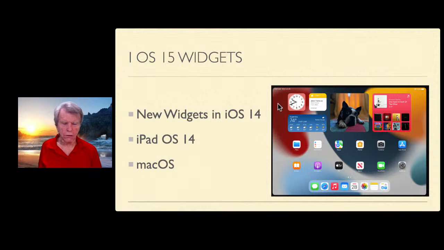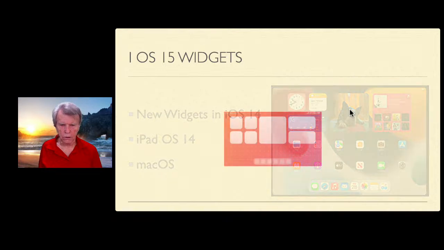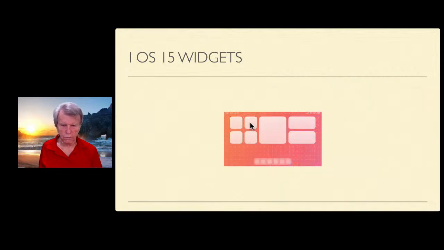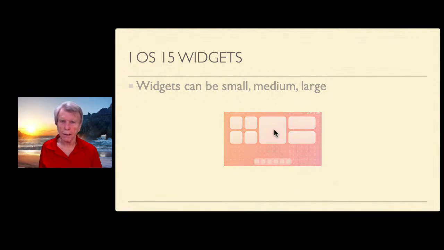They can be added to your home screen and give you the same kind of information. Here's the clock, here's the tips, the weather, and this is from music and from your photo library. The widgets come in different sizes: small, medium, and large, and then extra large on the iPad.